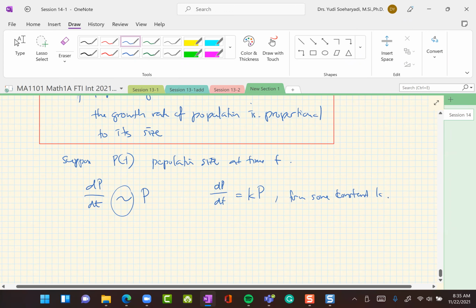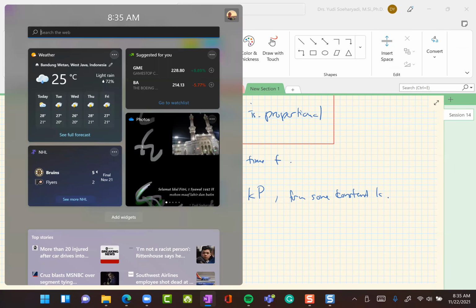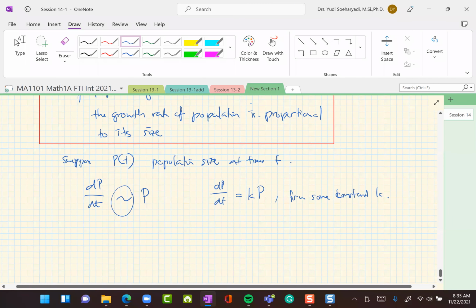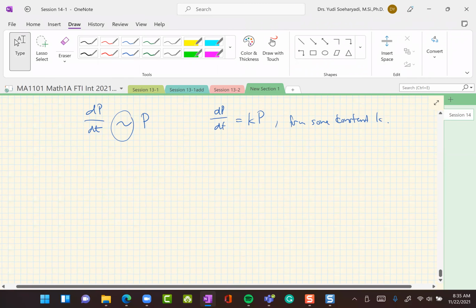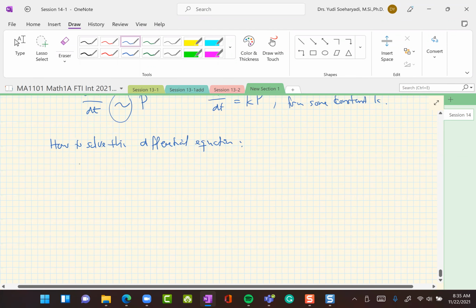Okay, so that's how we solve this one. Now it has become a differential equation, which we learned in the previous chapter.